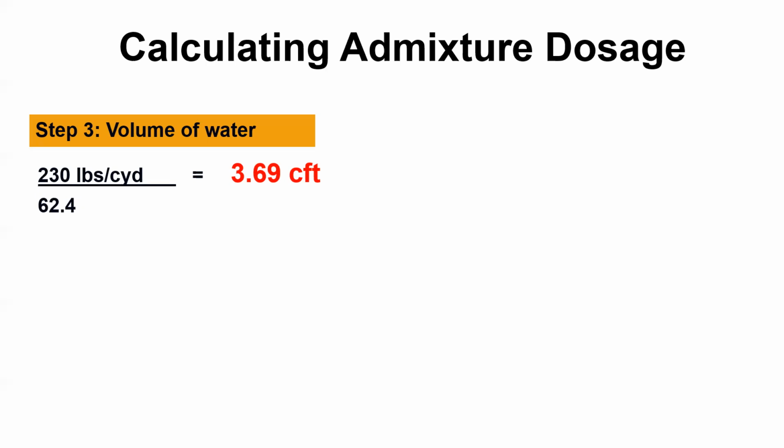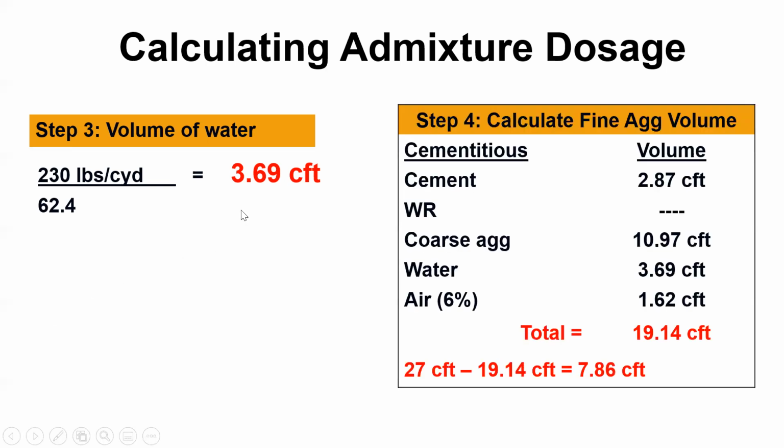I could have put 1 times 62.4, but I didn't. So 230 divided by 62.4 equals 3.69. So a little bit less for water.